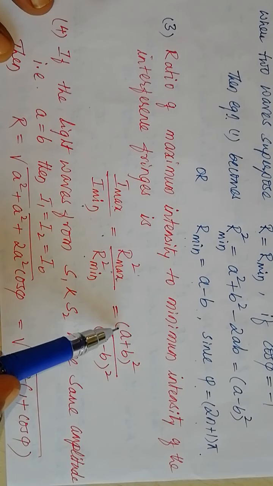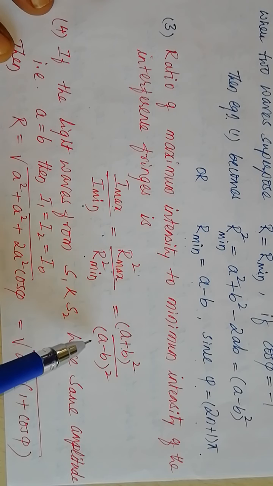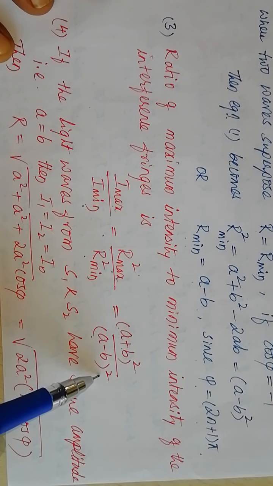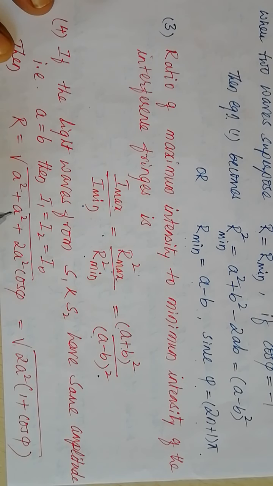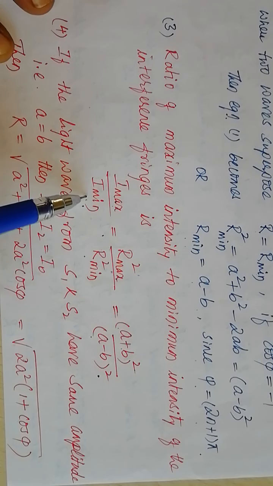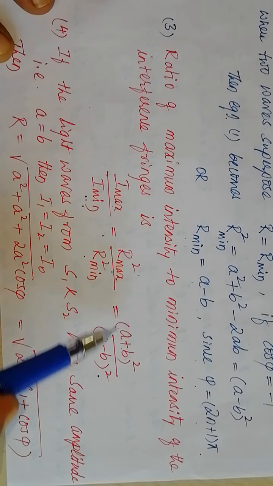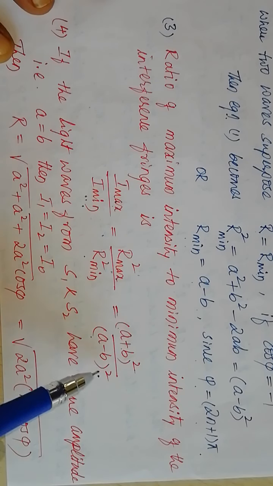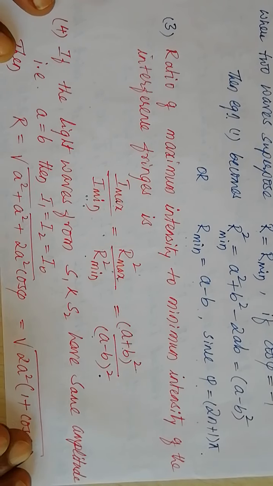R maximum is A plus B whole square, R minimum is A minus B whole square. I1 by I2 is the ratio of intensity of light coming from the sources S1 and S2, whereas I maxima and I minima are the intensity of a bright band and the intensity of a dark band. It is equal to the ratio of A plus B whole square divided by A minus B whole square.